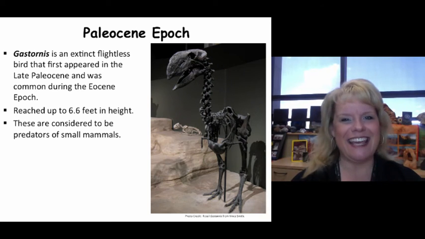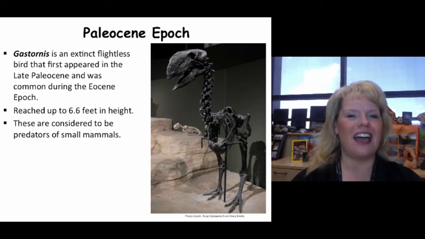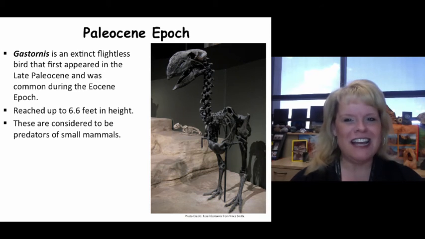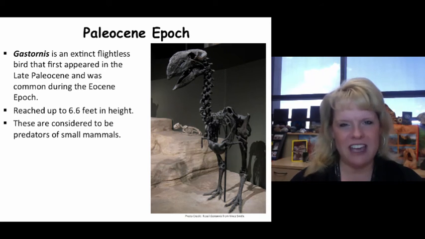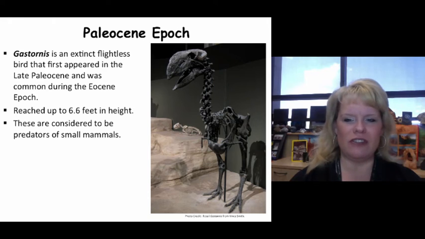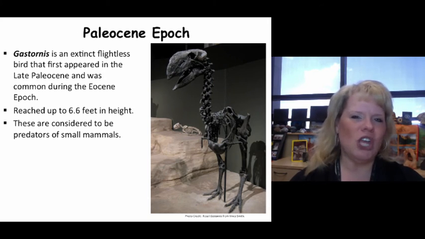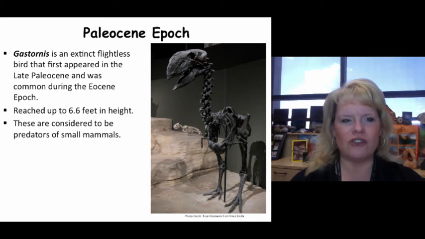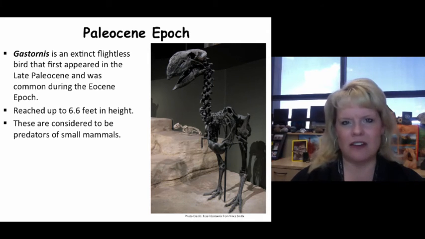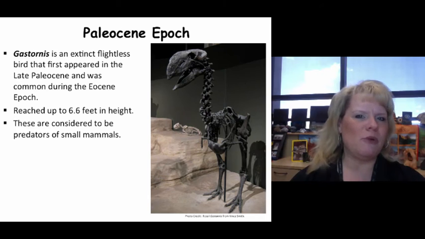Gastornis is a flightless bird, scary indeed. This guy got up to almost 6.5 feet tall, with a complete theropod build. If you look at this thing, you'd be like, wow, that looks like a theropod. So you're looking at a full-fledged ostrich-sized animal, and it didn't have flight, but this would have been a predator.